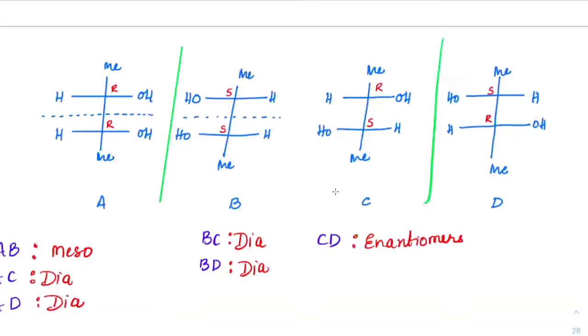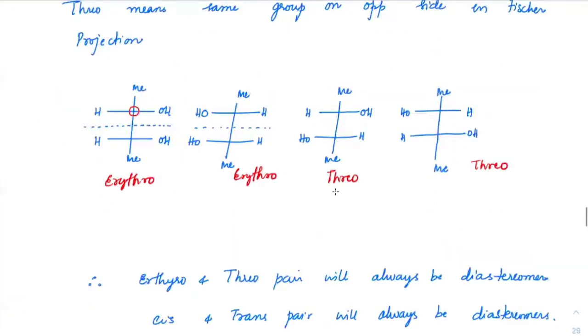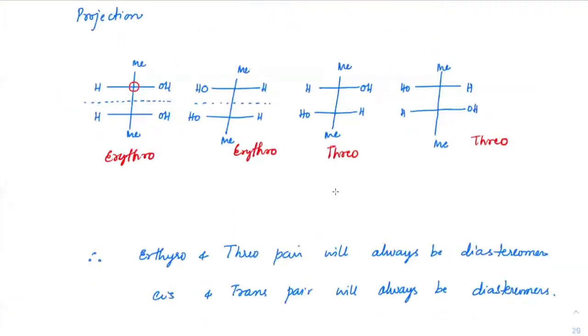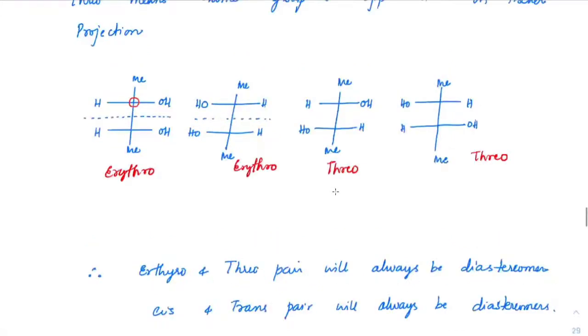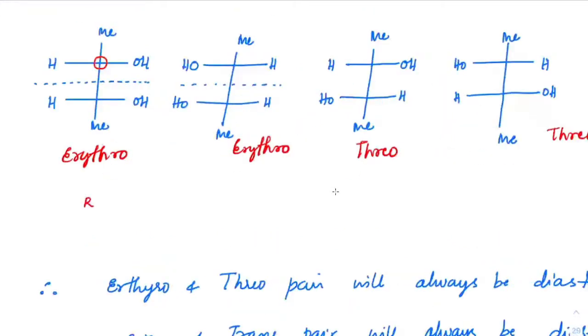So if we are not changing at least one position, then we will get diastereomers. Got it? So in any combination, if I take RS of one molecule and RS of the other molecule, or RR of one molecule and RS of the other molecule, what would this set be? This should always be diastereomers.